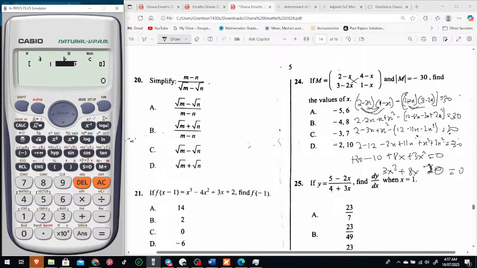The function I got: minus x squared plus 8x minus 20 equals 0. Plus 20 rather. Okay, yes, plus 20. But the 3, where is the 3? Is the 3 missing?